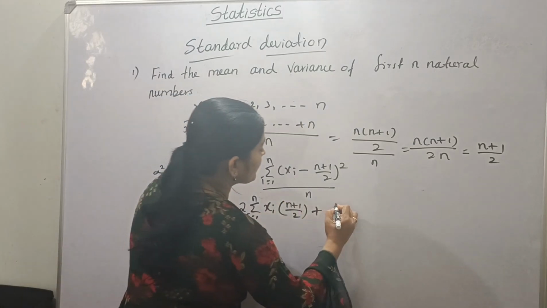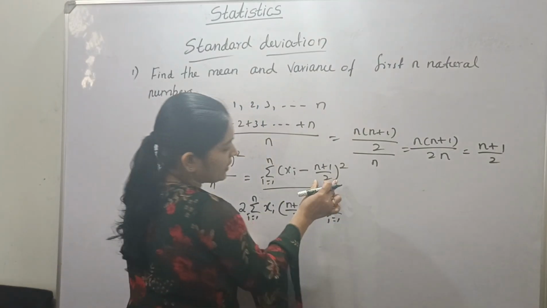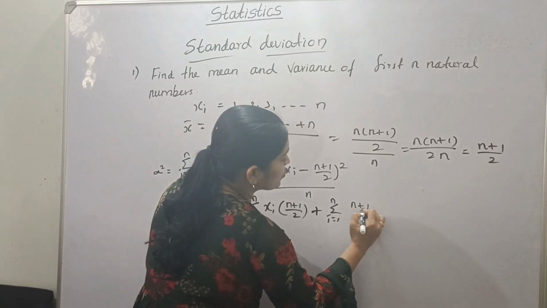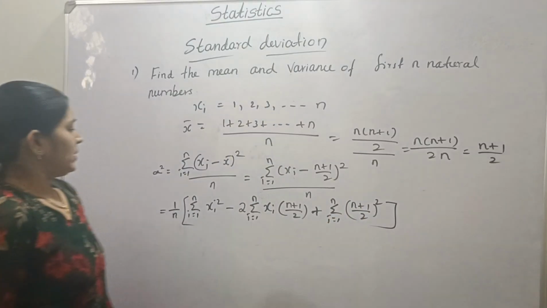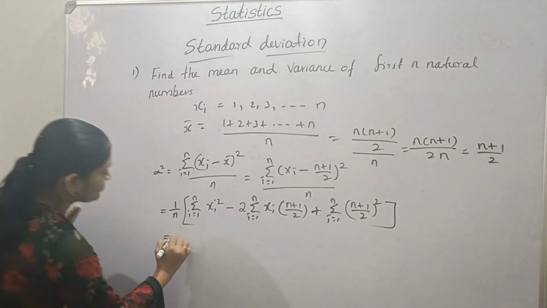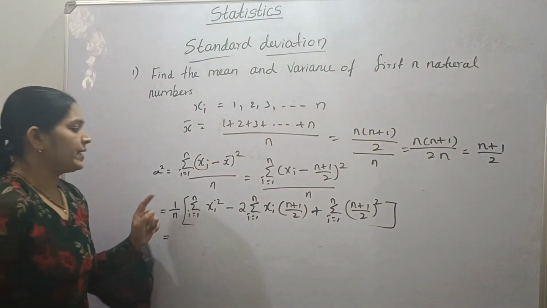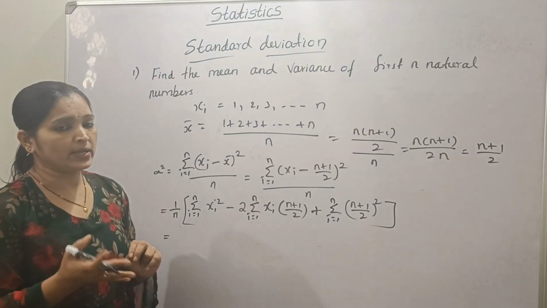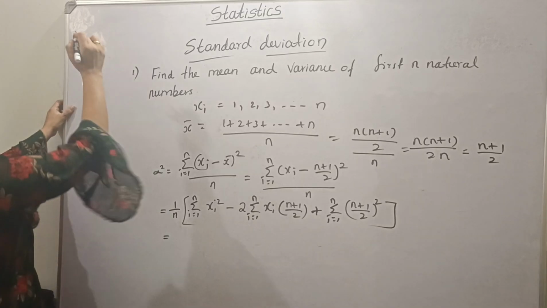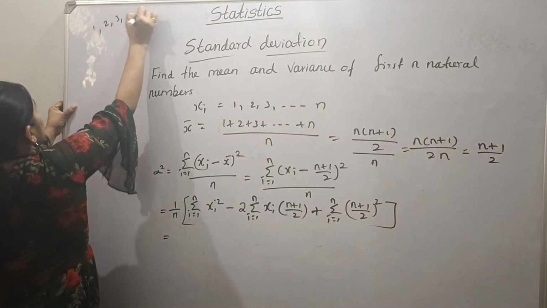next again the sum from i equal to 1 to n, here b square, that is n plus 1 by 2 whole square, okay. Now next, see here the first term is the sum from i equal to 1 to n of xi square. See what xi is here: 1, 2, 3, etc. n, right.